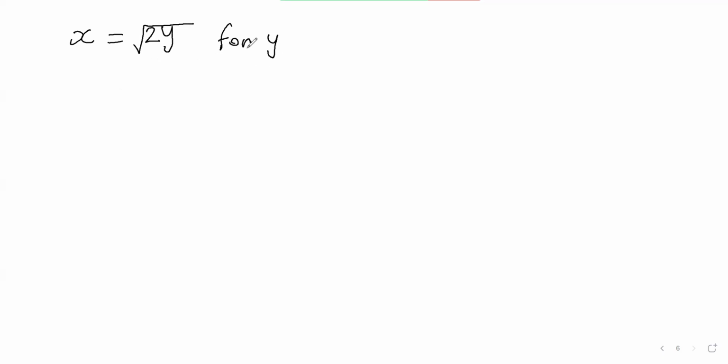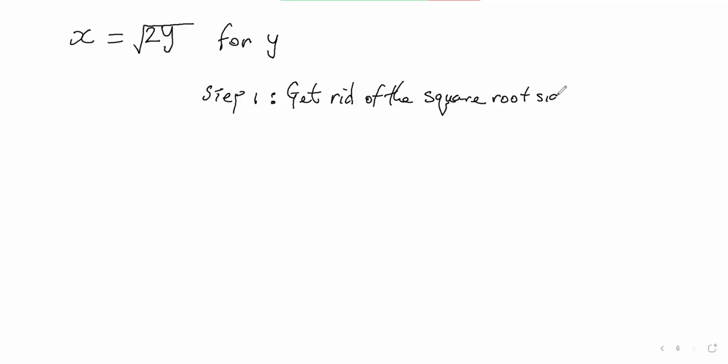Now, to find for y, I must first get rid of the square root sign. So step one, we get rid of the square root sign by squaring everything. So this becomes x squared.